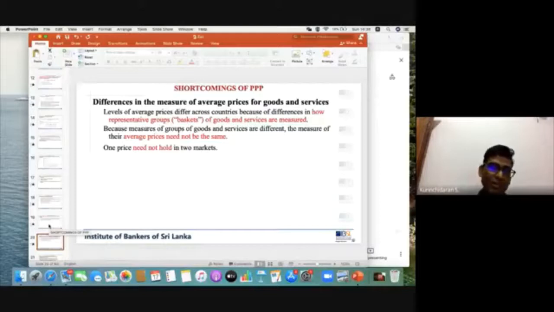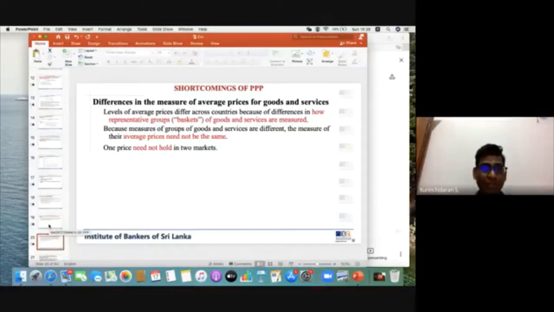So our goods are different and their goods are different. Then definitely the movements in the average price of goods are going to be different.